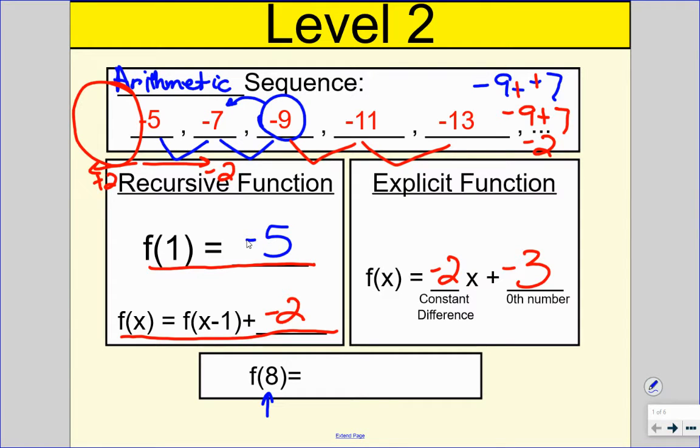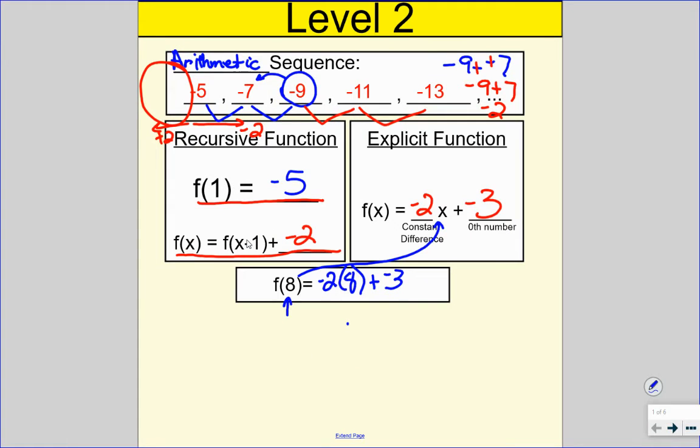So with this explicit function, we put our 8 right in for x, and we will have -2 times 8 plus -3. -2 times 8 is -16, plus -3 equals -19. So we know the 8th term in this sequence is -19.